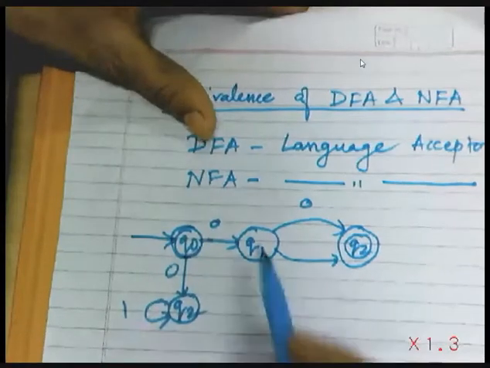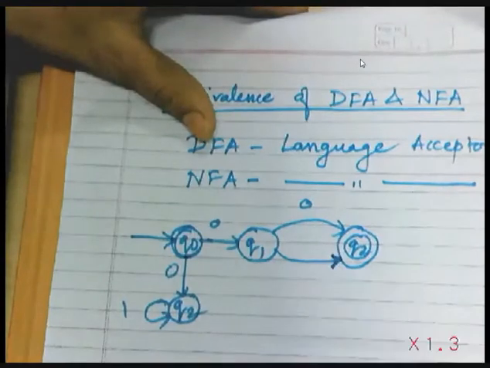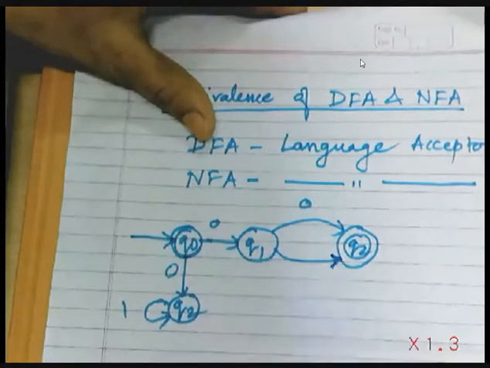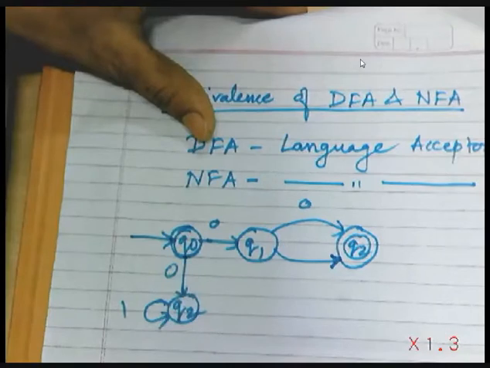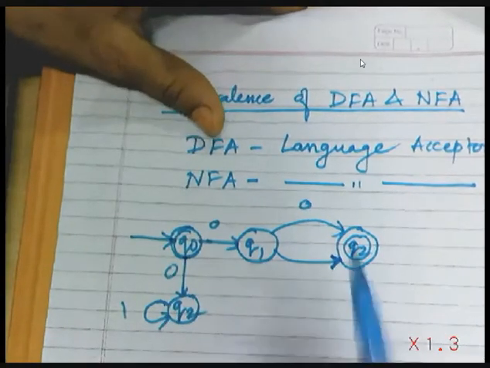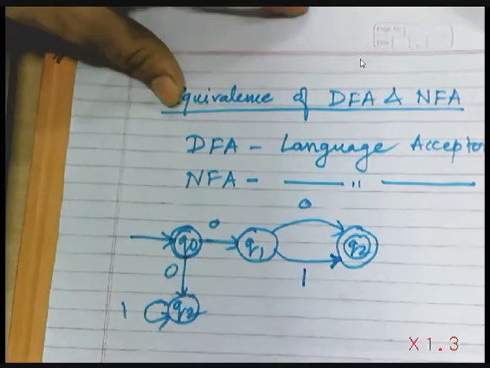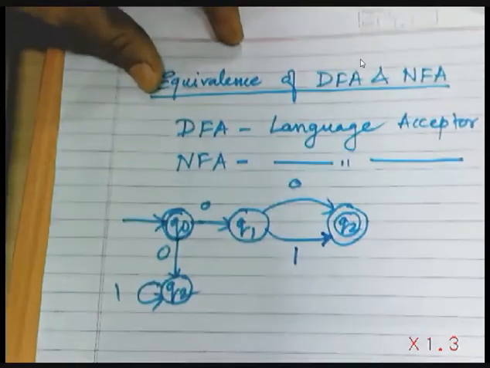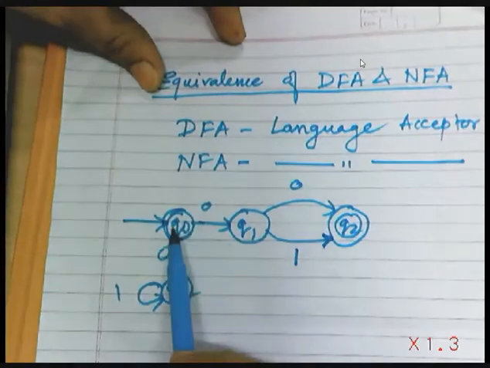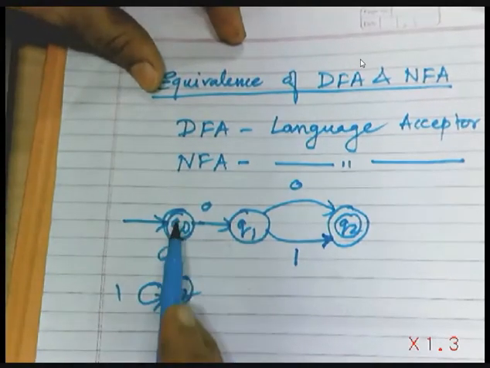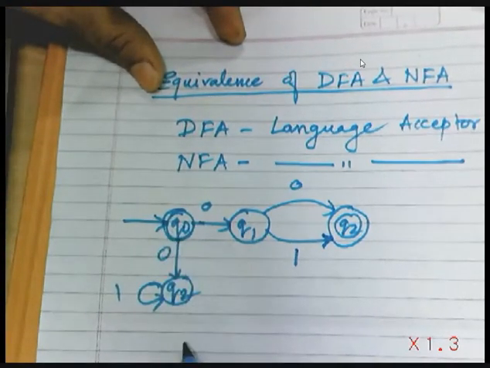Now, if I want to check the power or the purpose of designing this NFA, how will I check? A simple way: I move from Q0 to Q1 with 0. Everybody agree?